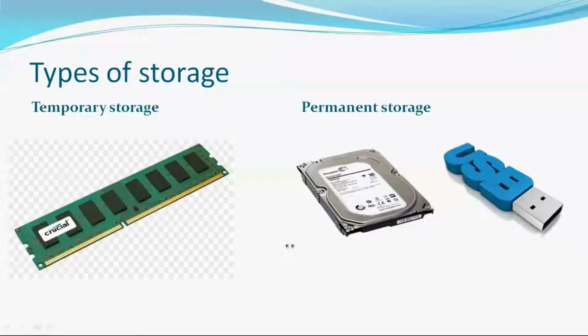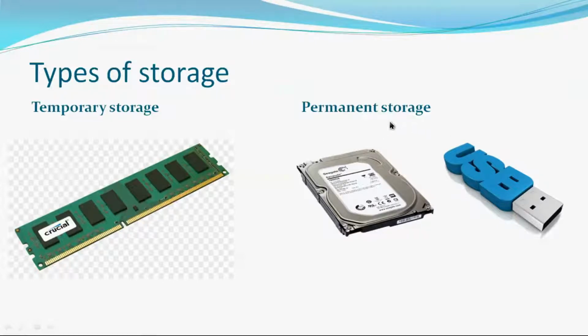You have to delete permanently to completely lose certain information or data from these storage devices. If you don't delete permanently, you can always recover it from what we call the recycle bin on our computers. So we have to understand that these are the two types of storage devices we are going to look at.